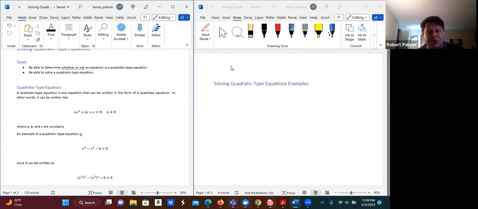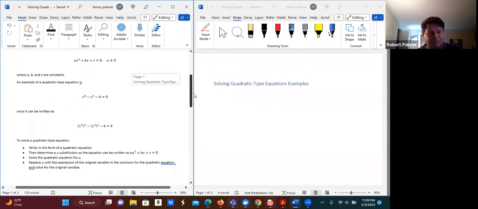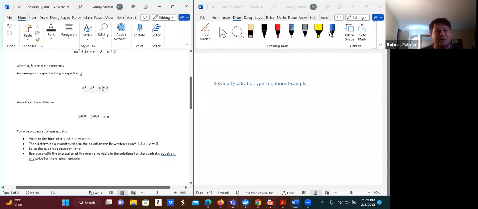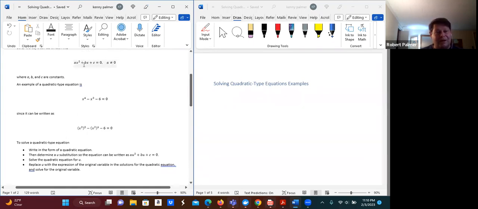As I show on the left, here's an example. You have an equation that looks like this. Since x to the fourth can be written as x squared to the second power, and of course x squared is the same as x squared to the first power, we can write it in a quadratic form: something squared minus the same thing with some constant out front to the first power, then some constant.